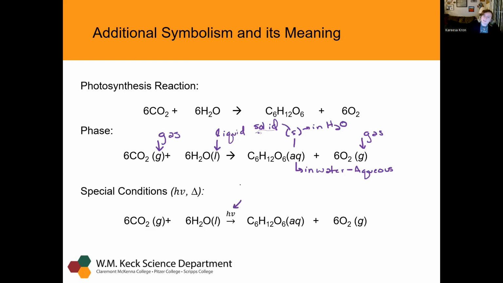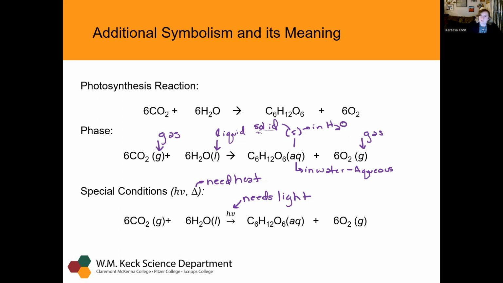So you can represent the need for light as h nu over your reaction, which is a throwback to when we talked about absorbance and emission, that we need some sort of light into the system to drive it. If instead of light, the system needed heat, we would draw this little delta above the reaction. And so these are some common symbols you might see as we start to write reactions and describe what phase or state they're in.